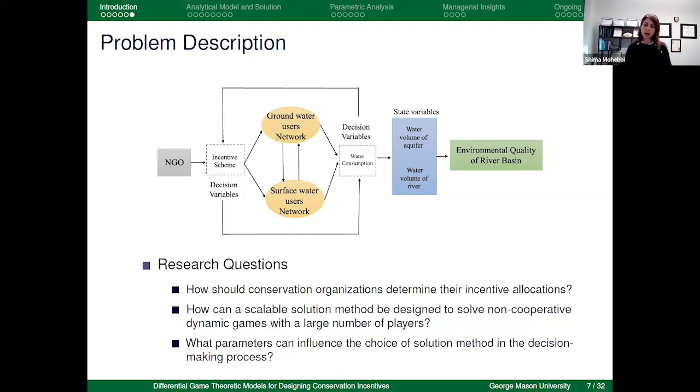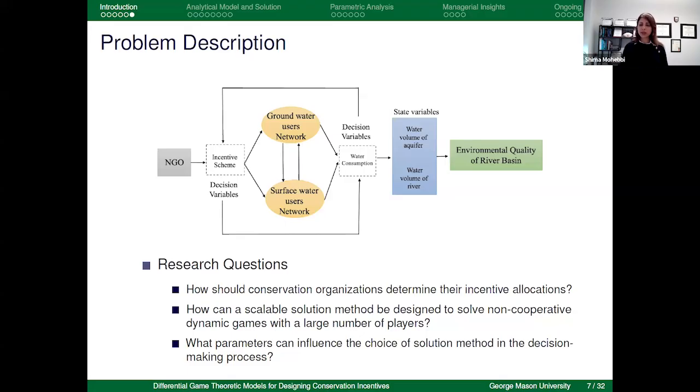Here, we have both horizontal and vertical interactions among decision makers, and horizontal interactions refer to relationships among water users of the same type within the network, like groundwater or surface water users. And these interactions capture how users' willingness to participate in an incentive program affects their peers, as well as how upstream water consumption influences the availability of water for downstream users.